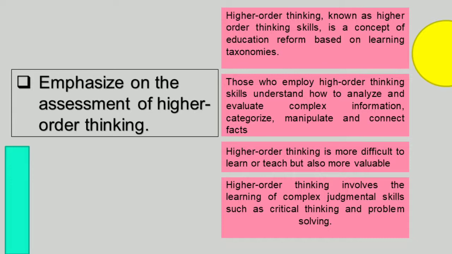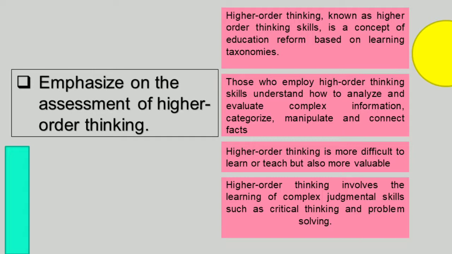Those who employ higher order thinking skills understand how to analyze and evaluate complex information, categorize, manipulate, and connect facts, troubleshoot for solutions, understand concepts, connections and big picture thinking, problem solve, and develop insightful reasoning.